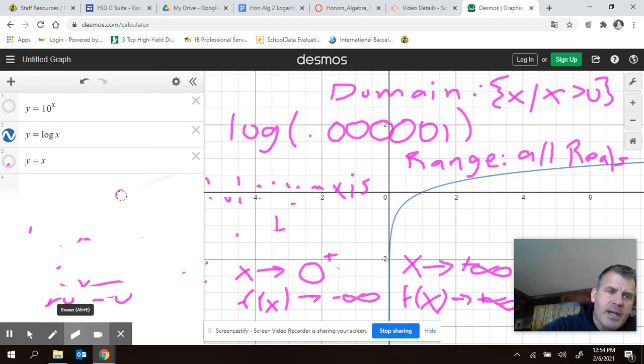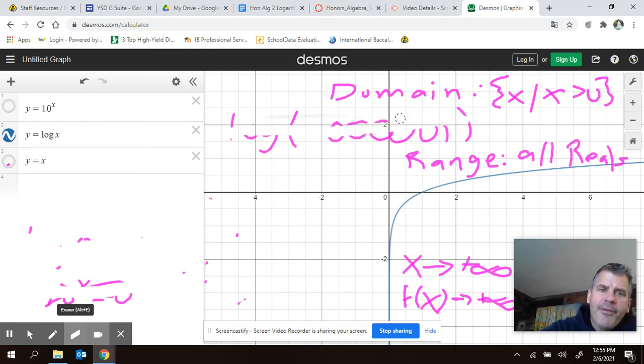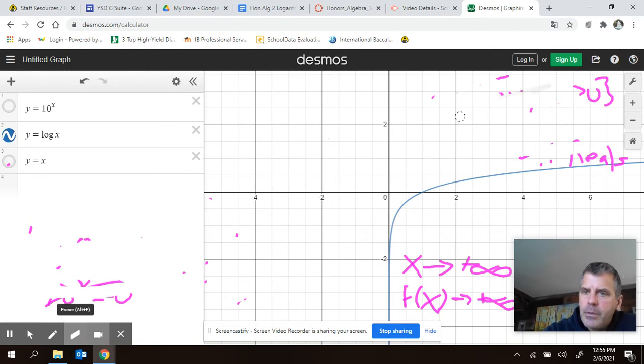But you will not be able to do this with any calculator, although I never have tried it with Desmos. Maybe Desmos is so amazing that you can. But you can't do the graph on a graphing calculator other than base 10. You can make your own graph. So you got to set up your own table to make it work. Let me get this erased. And I'll show you how that happens.